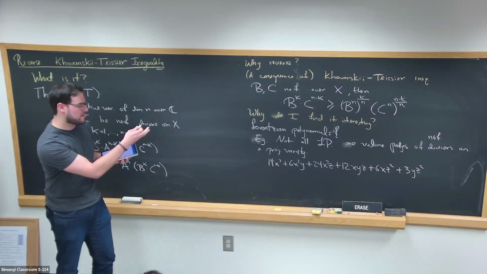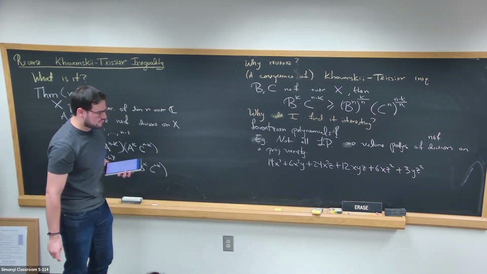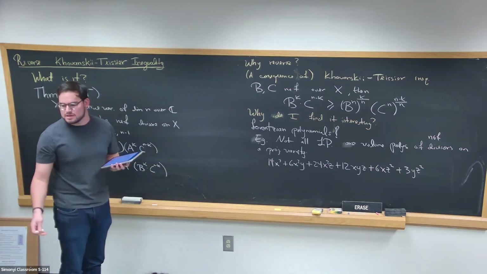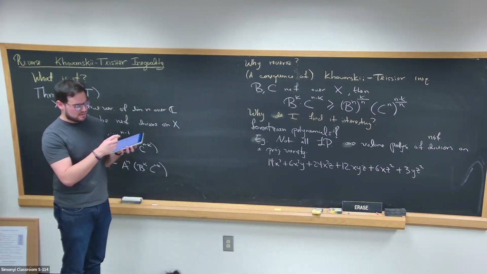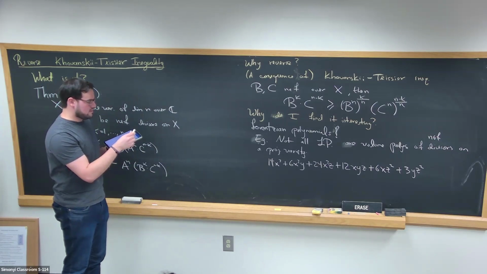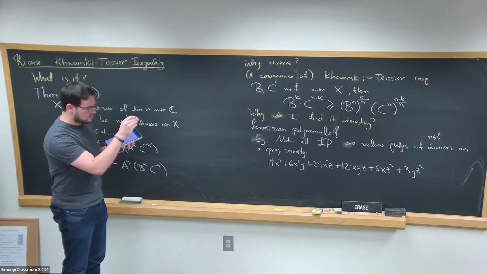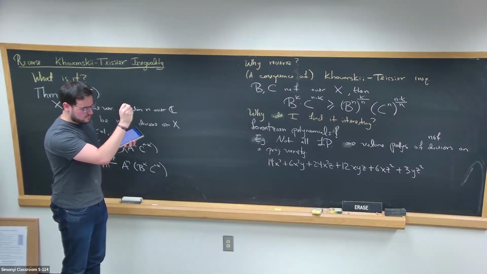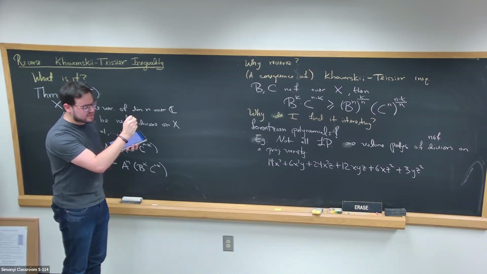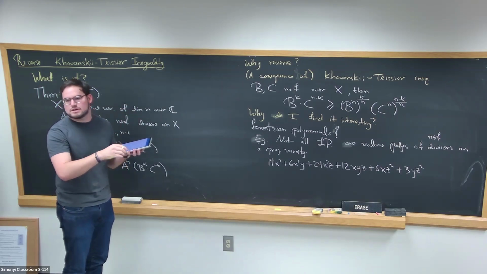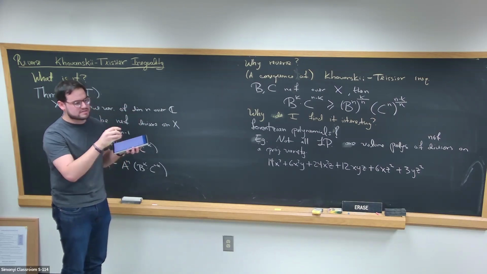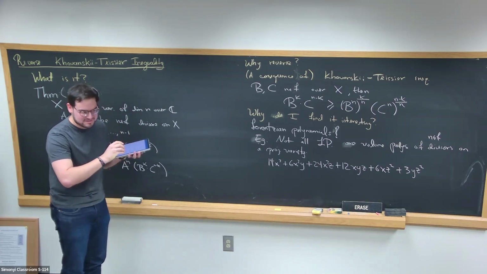You can have a proper definition, and the proper definition should be something about the signature of each one of the Hessians of the derivatives of degree 2.